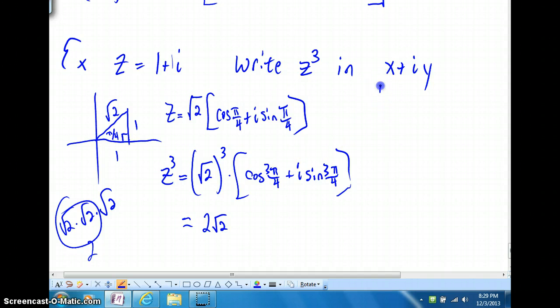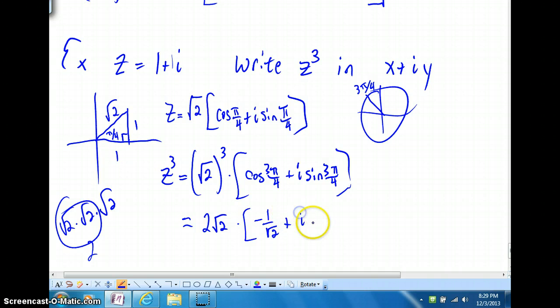Cosine of 3 pi over 4, well, 3 pi over 4 on the unit circle was over here in the second quadrant. Cosine would be negative, so this would be negative root 2 over 2, or as I like to write it, negative 1 over root 2.